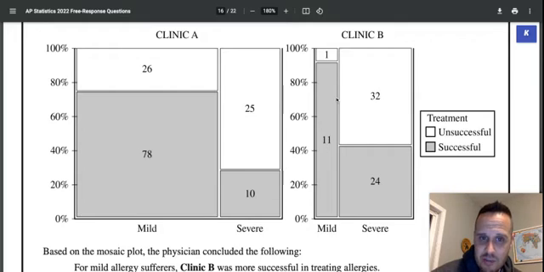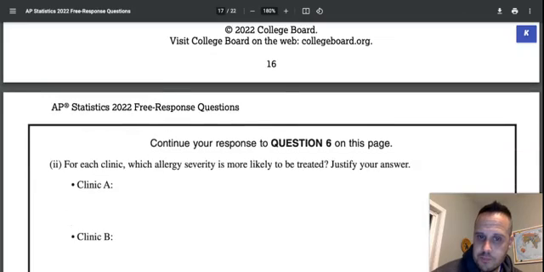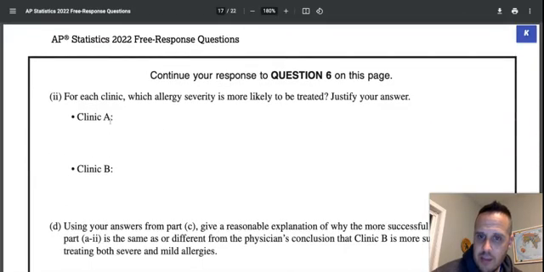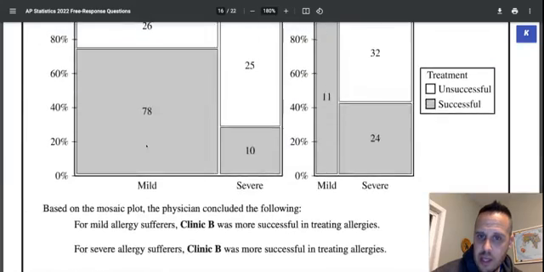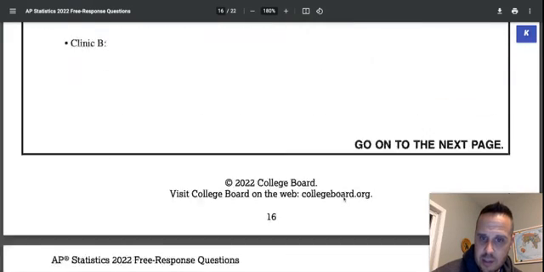Because this is a ridiculously small sample size, okay? And so it seems like it's a higher percentage, but really the ones that they do poorly, or the less severe ones, are not providing as much data, okay? So Clinic A is more likely to be treating the mild. Clinic B is more likely to be treating the severe, okay?